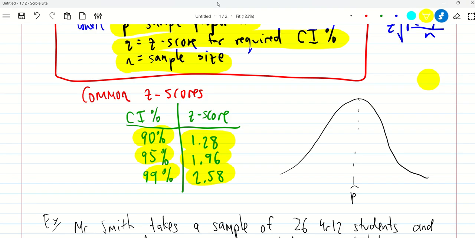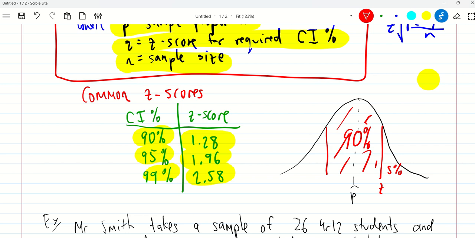Let's say we want 90% in here, and we're trying to find the Z score for 90%. If you've got 90% in the middle, that means you've got 10% in the tails, so 5% out there and 5% out there. Remembering how to calculate Z scores, the Z value there is where the area is 5%.